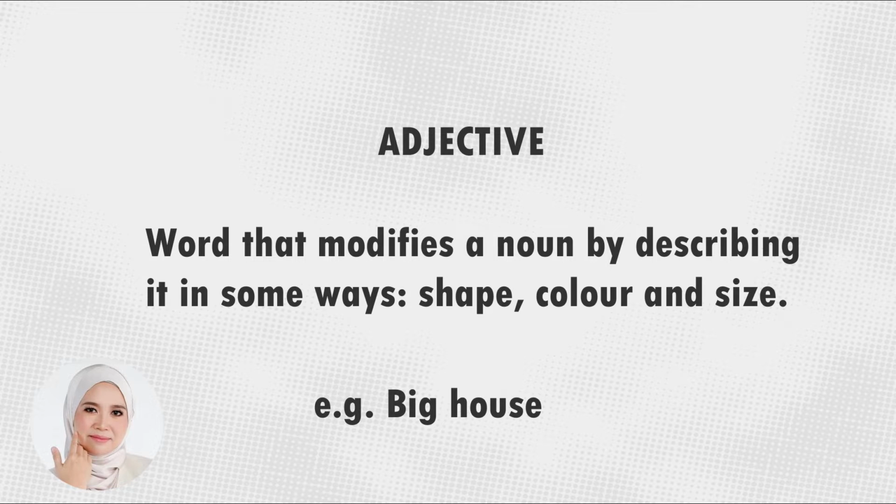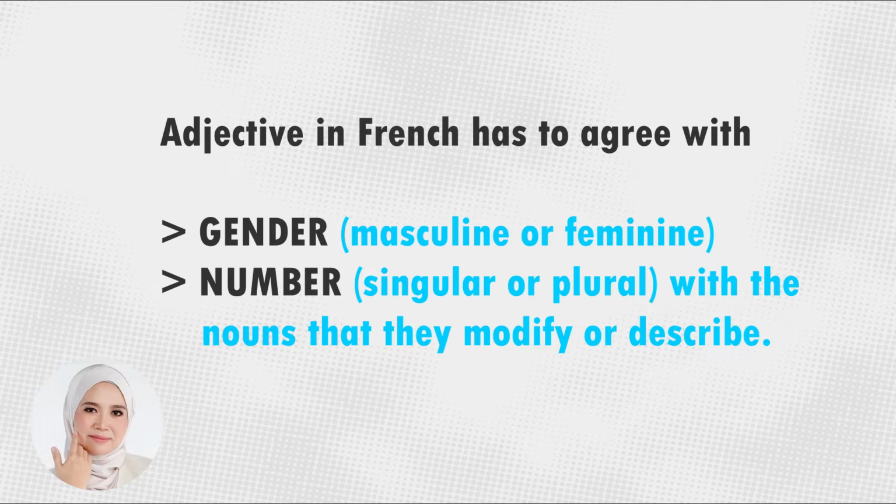Now, let's look at the next slide. Adjectives in French have to agree, which means the adjective has to agree with two things. The first one is the gender of the noun, masculine or feminine. The second is the number, singular or plural.